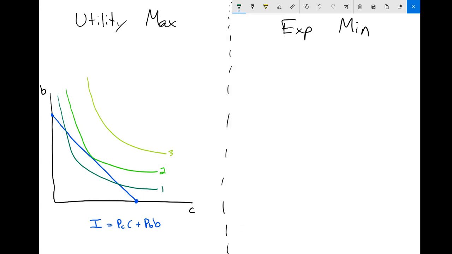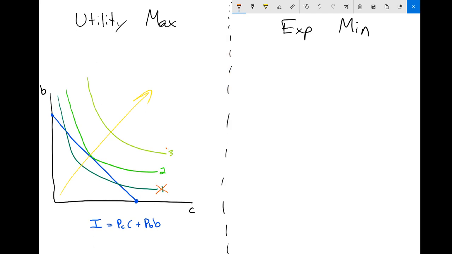So basically, people will choose the indifference curve that gives them the most utility, subject to the budget line that does not change. This budget line does not change. And so they will choose a bundle that gives them the most amount of utility. They will not choose any bundle on indifference curve 1 because they could do better.